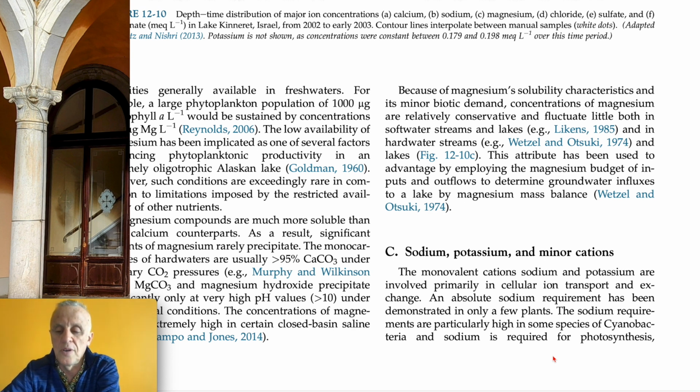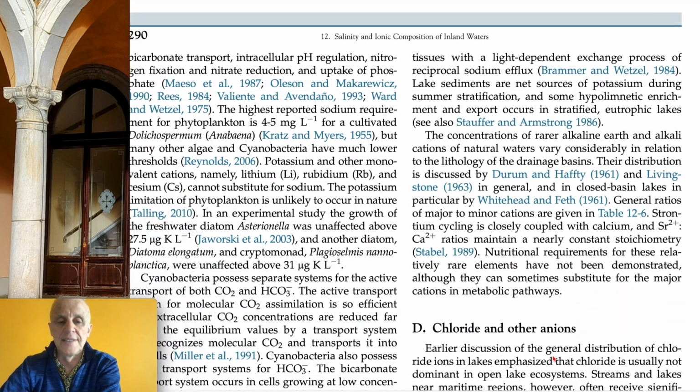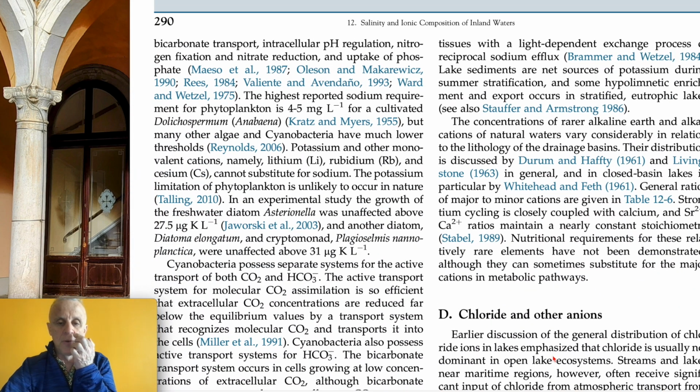An absolute sodium requirement has been demonstrated in only a few plants. The sodium requirements are particularly high in some species of cyanobacteria, and sodium is required for photosynthesis, bicarbonate transport, intracellular pH regulation, nitrogen fixation, and nitrate reduction and uptake of phosphate.